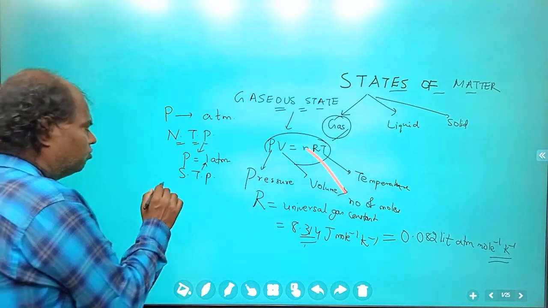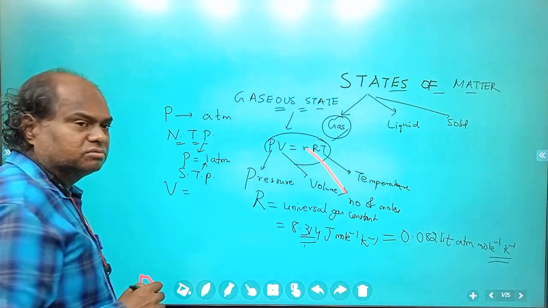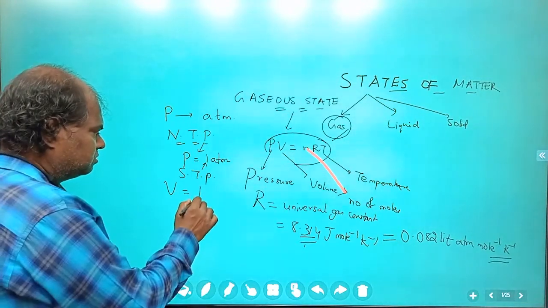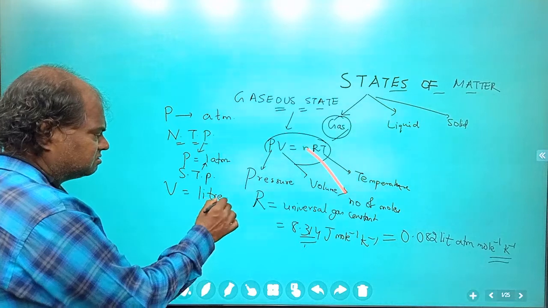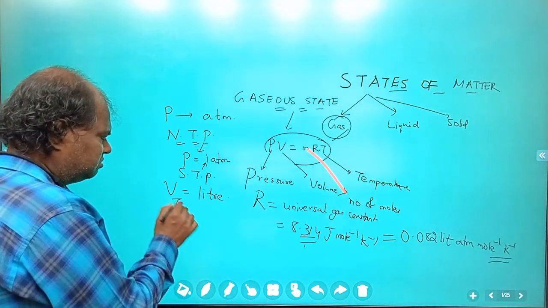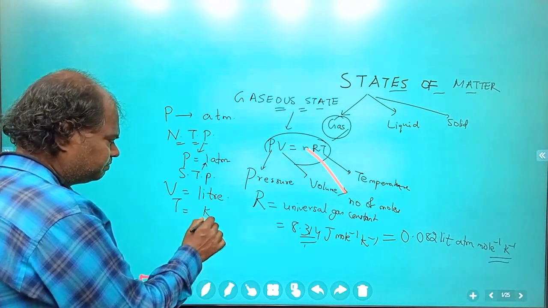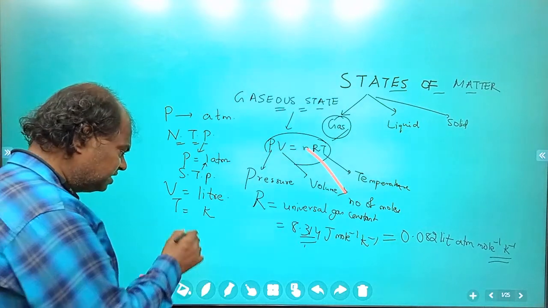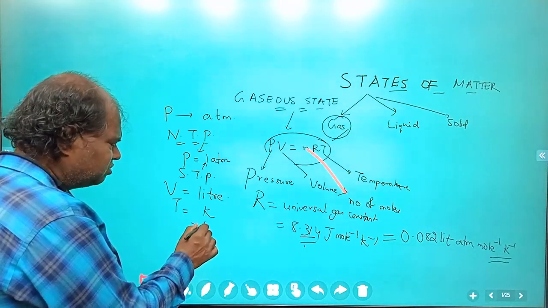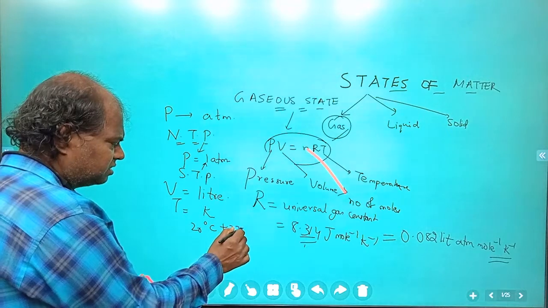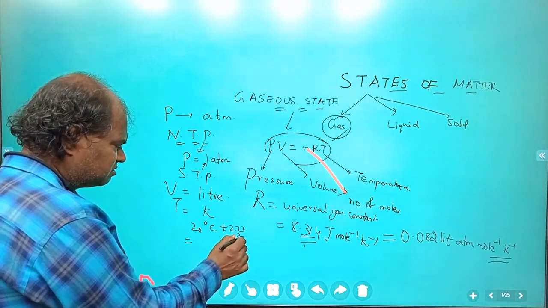Volume, students, is expressed in liters. Very, very important. So always they will write in liters. Clear? Temperature, they'll write in Kelvin. Now, if it is given in Celsius, suppose I give 20 degrees Celsius, you just add 273 and you will get Kelvin. It's very easy, right?